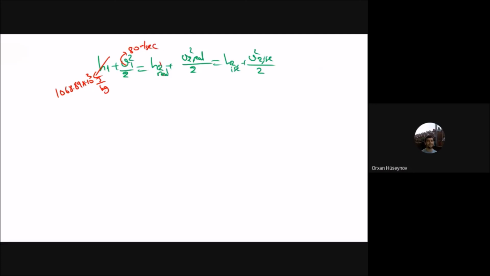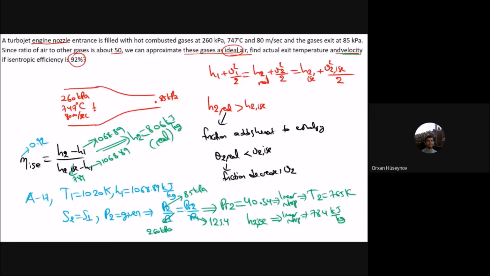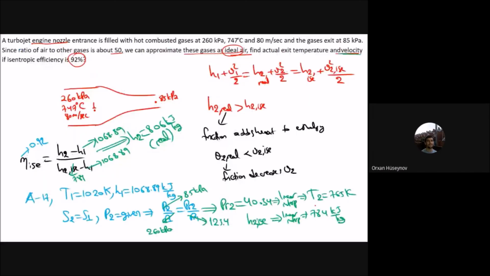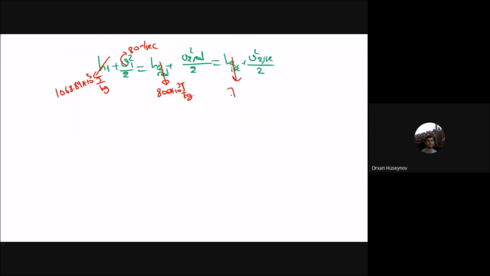The H2 real value is 806 times 10 to the power of 3 joules per kilogram. And the H2 isentropic, if you remember, was 784 times 10 to the power of 3 joules per kilogram.